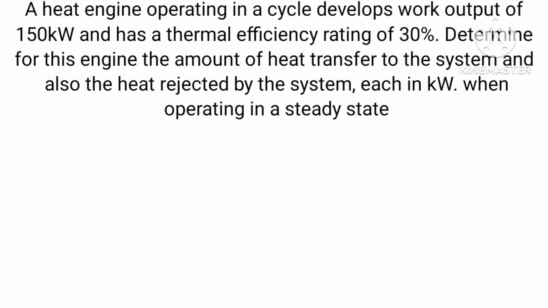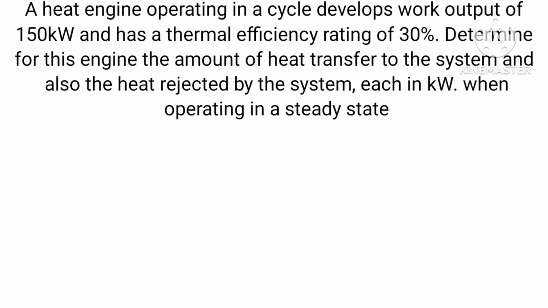And another question here is, a heat engine operating in a cycle develops work output of 150 kilowatts. If you look at this, it says a heat engine operating in a cycle develops work output. That means, because of the heat engine and work output, it will be making use of the power cycle and the formula for the power cycle.